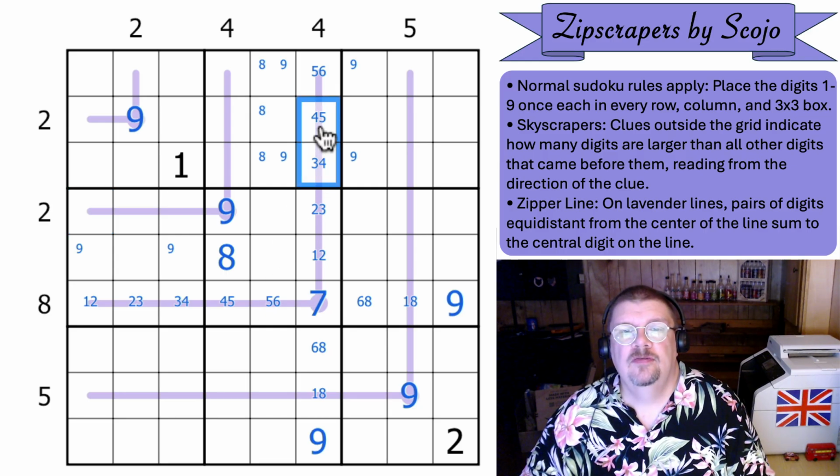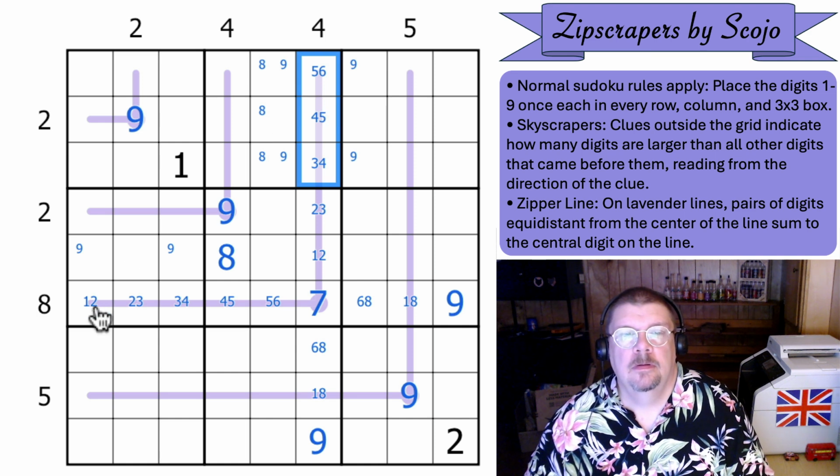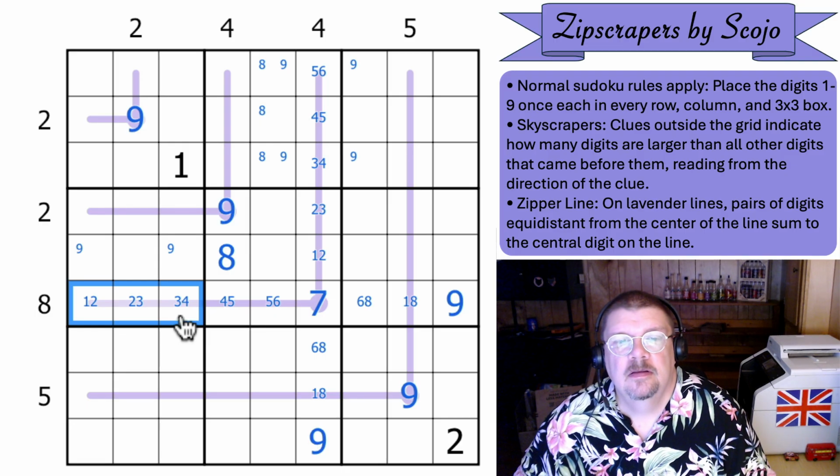Right, 4 is, yeah, from 4 and 5 are definitely in those three. So there's definitely a 4 and a 5 in there. There's definitely a 2 and a 3 in there. That matches.